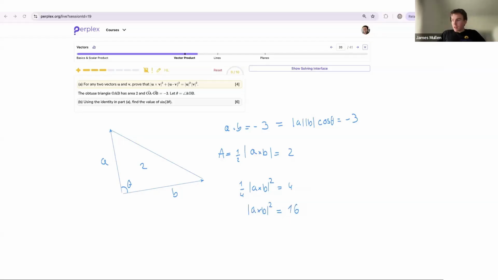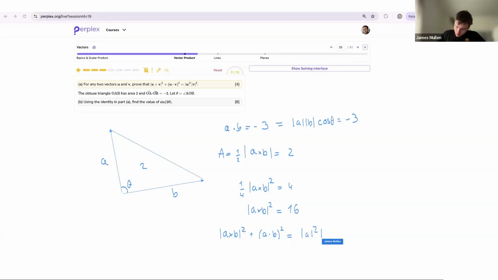All right. Now, what does that mean? It means that if I did |A cross B| squared plus (A dot B) squared, I should get the product of the magnitudes squared. I should just get A squared B squared.